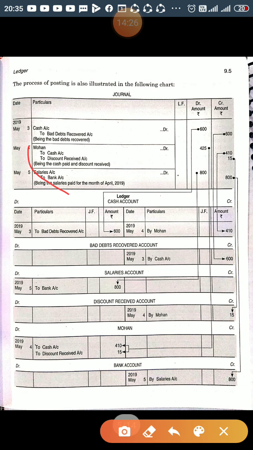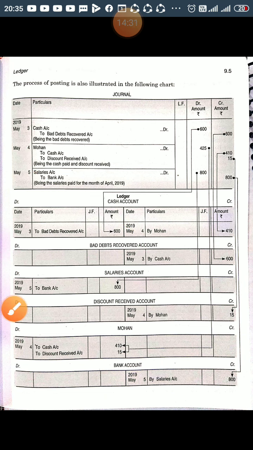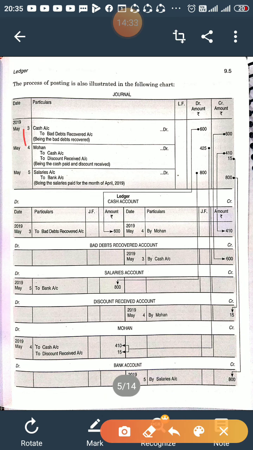The date should be put here. That is this one. Cash has been credited with 410, and against the cash, the account which is debited is Mohan. So you will write by Mohan 410, right?